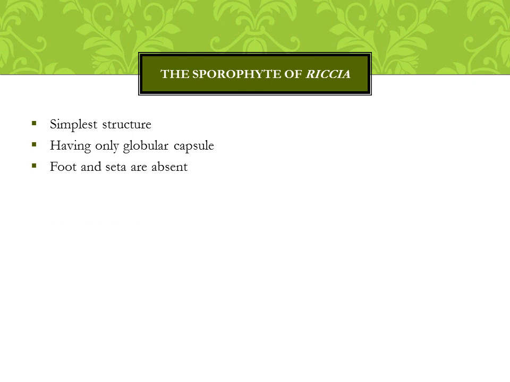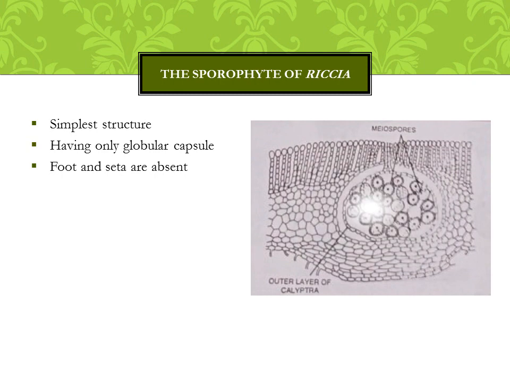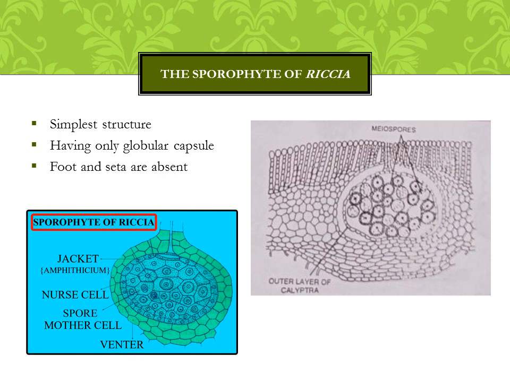with the thallus, a rounded body, the capsule, is present, and the outer layer is called the calyptra. And here in this picture you can see the jacket layer. The jacket layer is the sterile layer which is present in all the reproductive organs in kingdom Plantae.